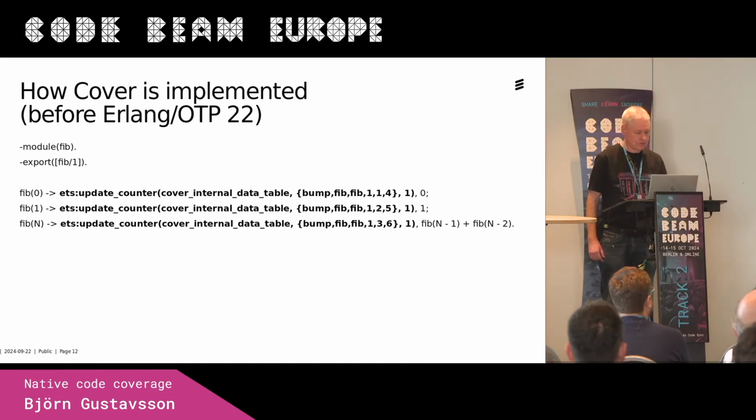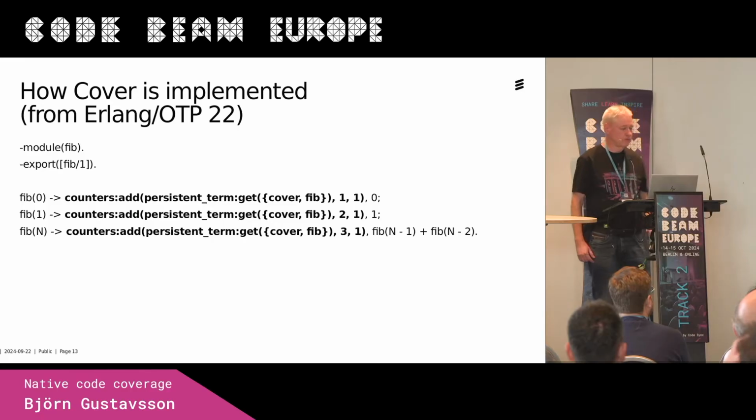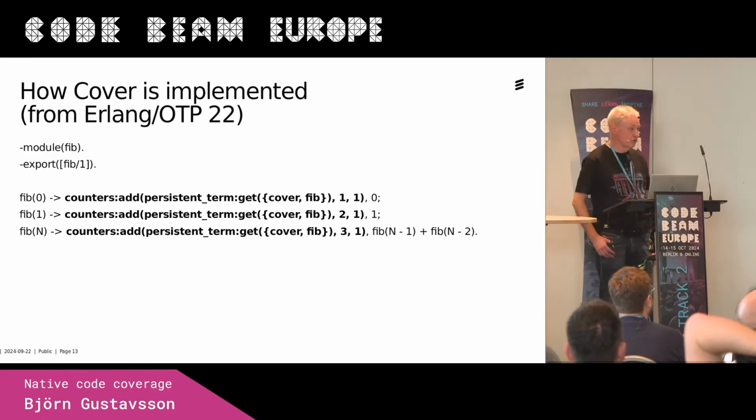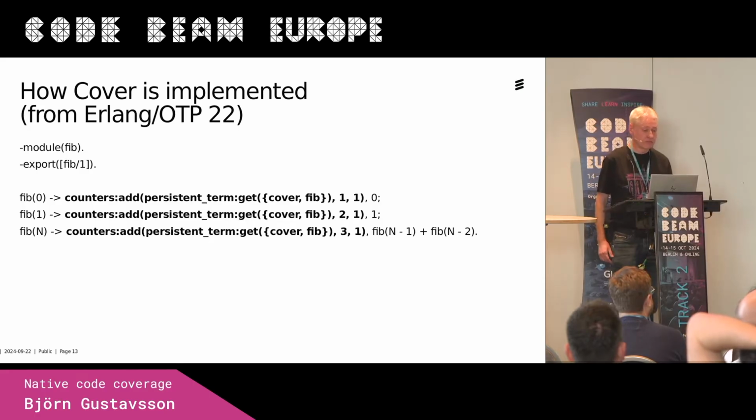That was improved in OTP 22 to instead use the counters module, keeping the reference to the counters array in persistent term. And that was a little bit faster.